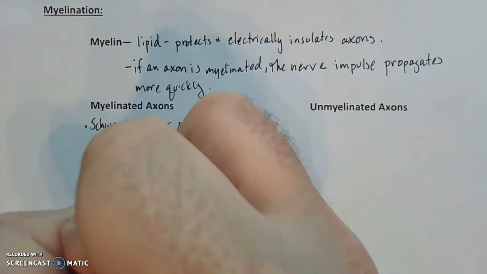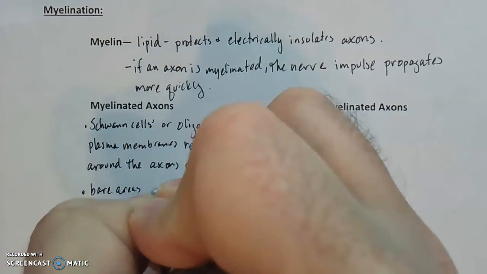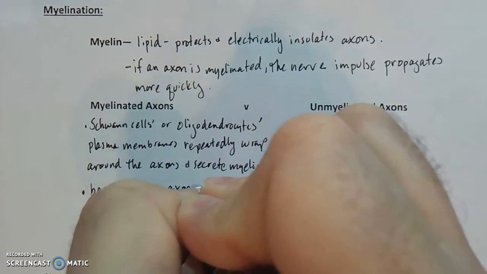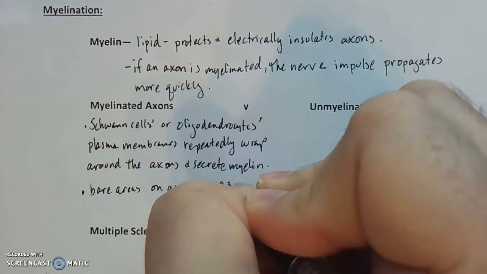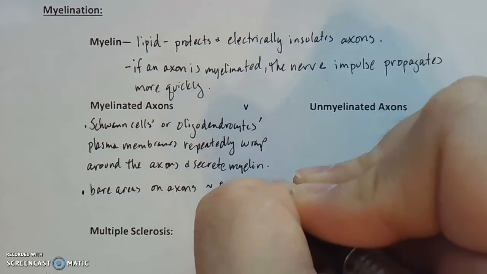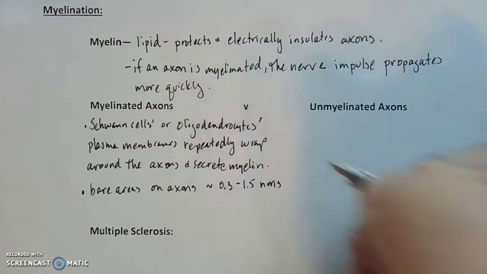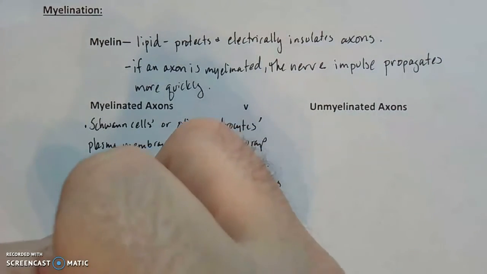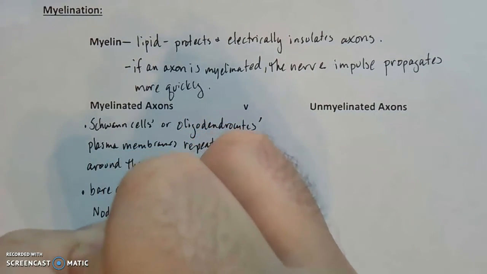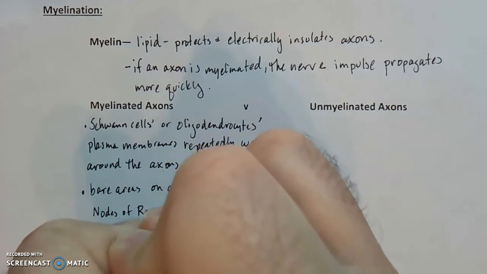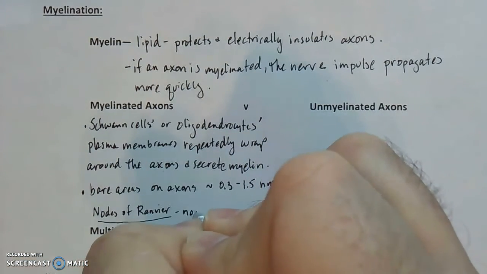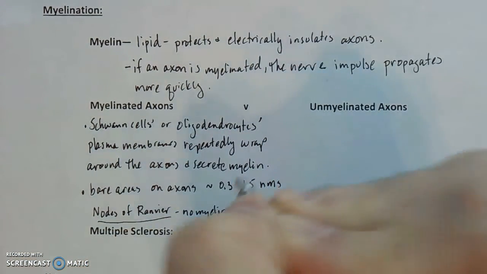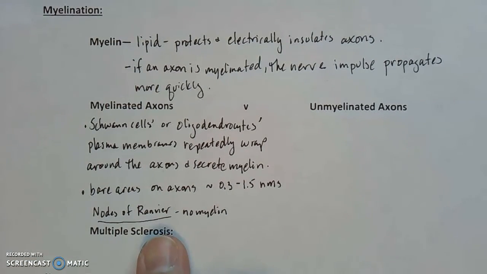The bare areas on axons, which are about every 0.3 to 1.5 nanometers or billionths of a meter, are called nodes of Ranvier. There's no myelin at these nodes.